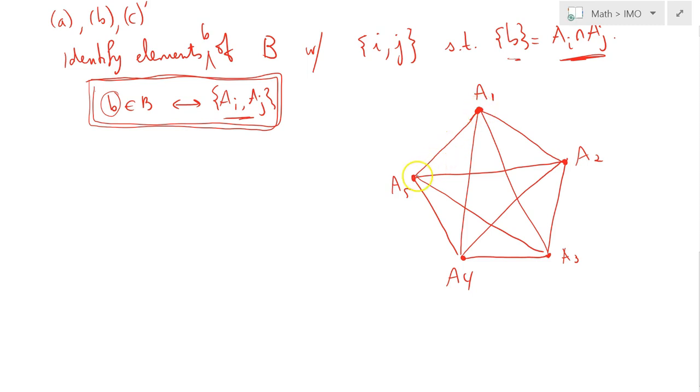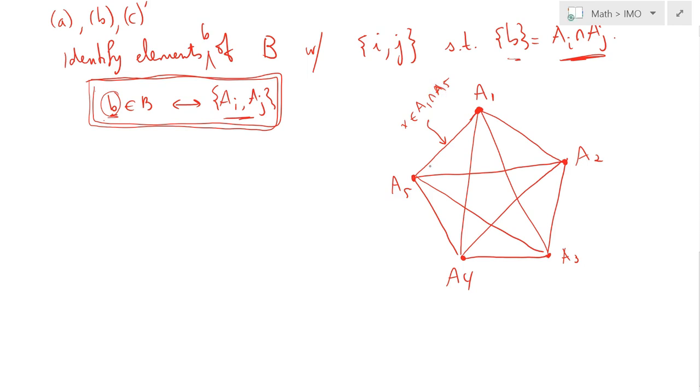So the lines connecting two vertices are simply the elements of B that are in the intersection of those two sets. For instance, this line here would represent the element, let's call it x, which is in the intersection of A1 and A5. We know there's only a single one.